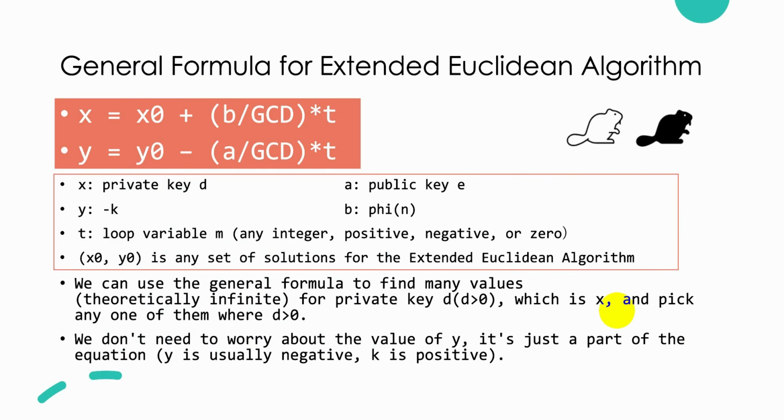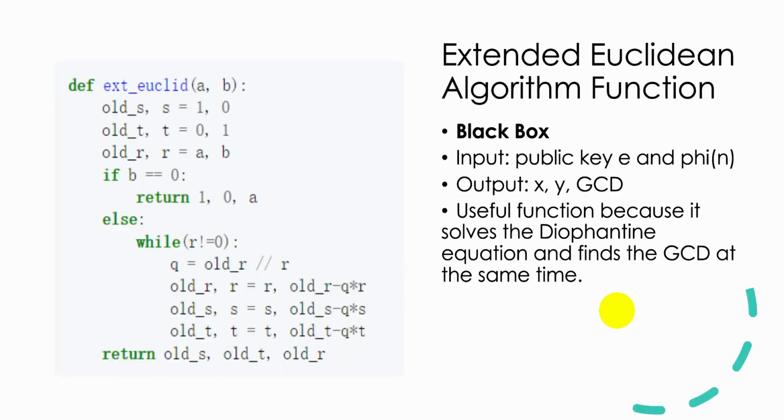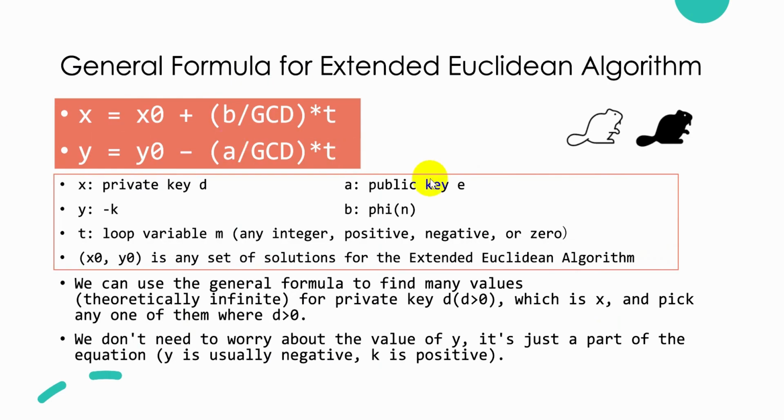There is also a general formula for the extended Euclidean algorithm. After we use this function to find one set of solutions, like one set of x and y that is a solution for a and b, then we can use the general formula to find all other solutions. So all of the other x's can be found by using this x0 that we found from the function plus b divided by the GCD and then multiplied by t.